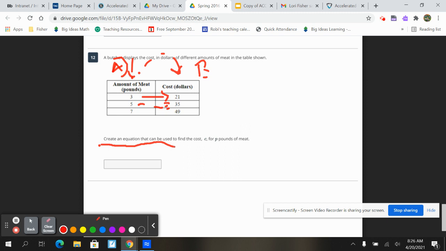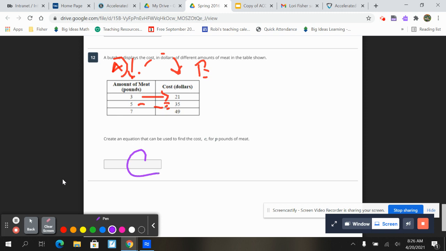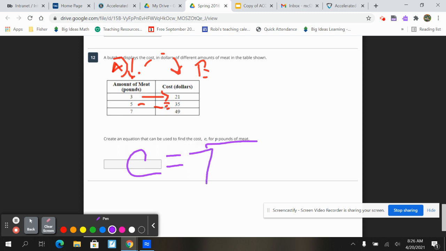Now, if you put down 7, you're absolutely wrong. Why? Michael, it's not an equation. They give you what to write here. The equation in terms of cost is equal to pounds of meat. 7P.